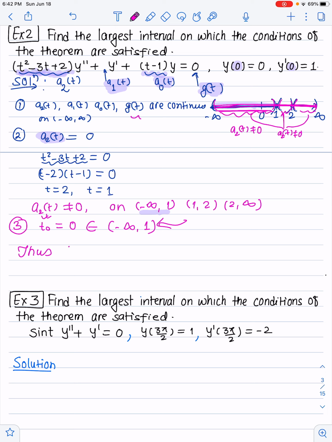Thus we can say that I equals negative infinity to 1 is the largest interval on which the initial value problem has a unique solution.